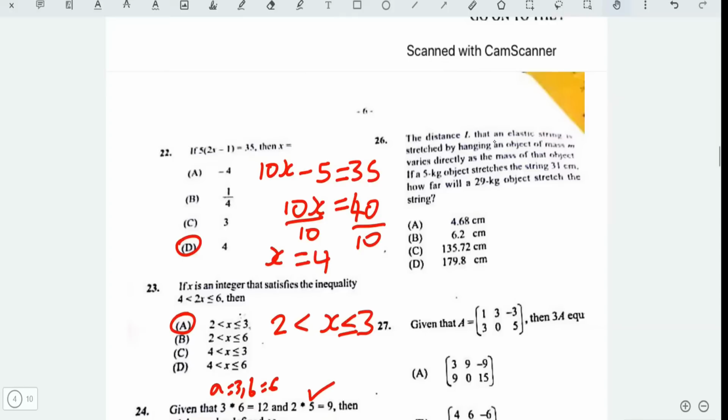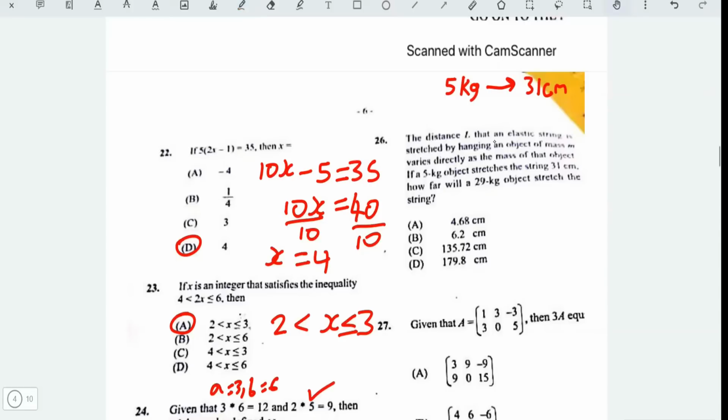So remember, it says the distance L that the elastic string is stretched by hanging an object varies directly. This is so important. It's direct variation. So if 5 kilograms stretch it 31 centimeters, 5 kilograms go to 31 centimeters.